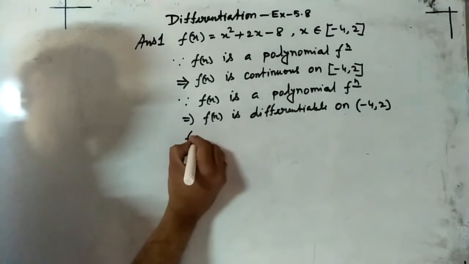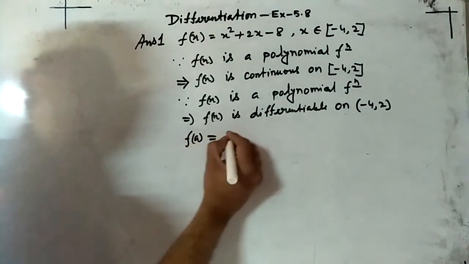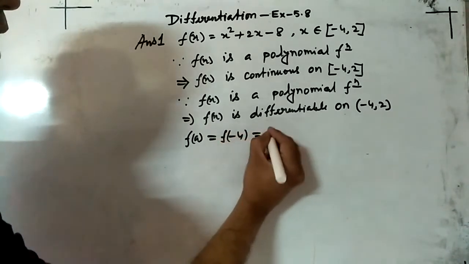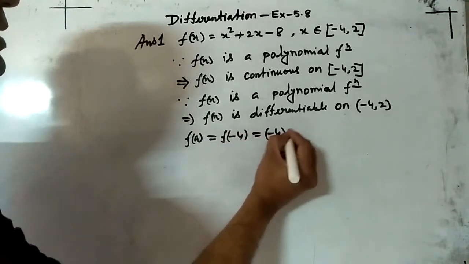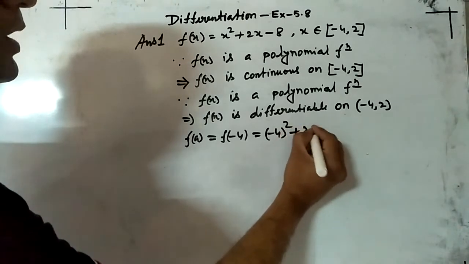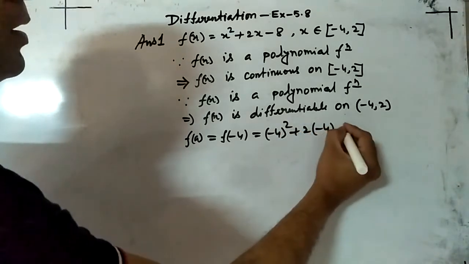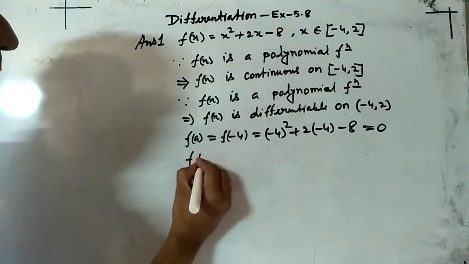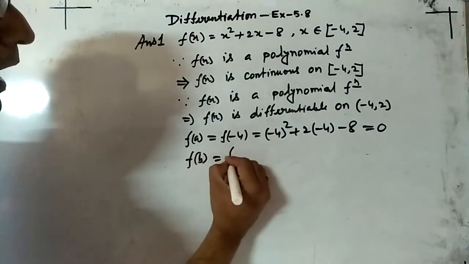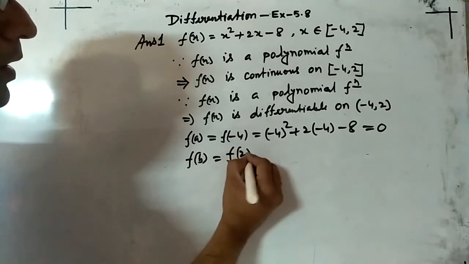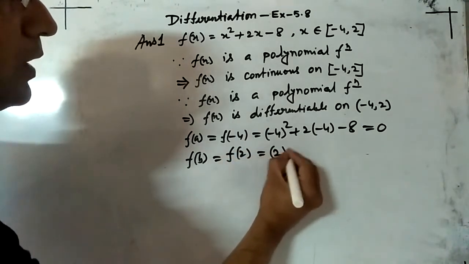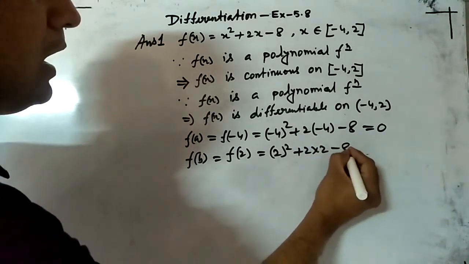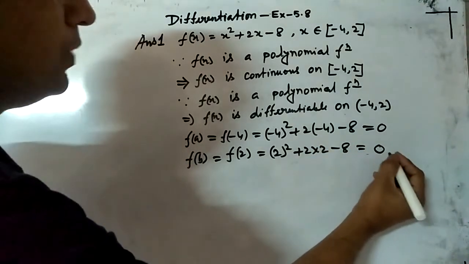Now find f(a). f(a) equals f(-4), so it is (-4) whole square plus 2 into (-4) minus 8, so we get 0. And f(b) equals f(2), that is 2 square plus 2 into 2 minus 8, so here also we get 0.